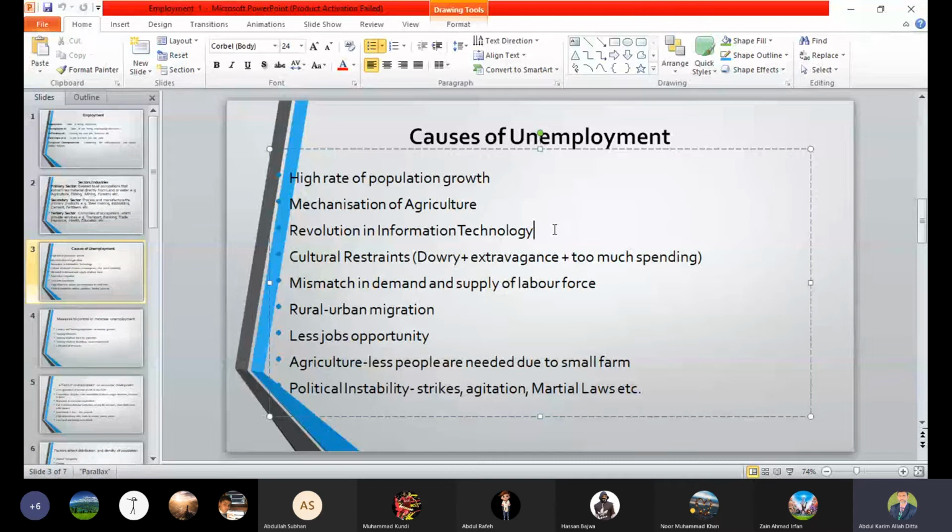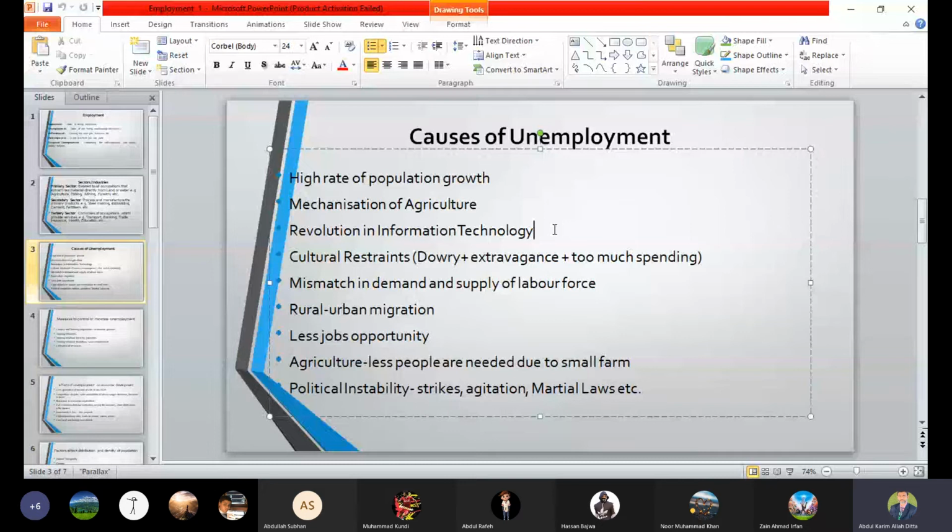One person with a computer can collect information and keep data easily, but before it, for writing purposes, we needed more people.